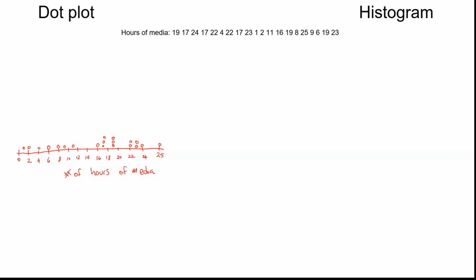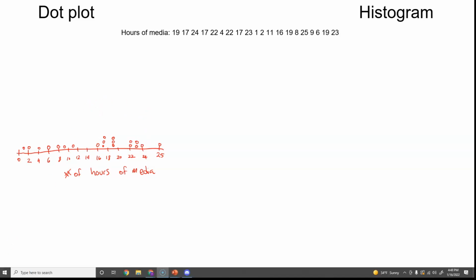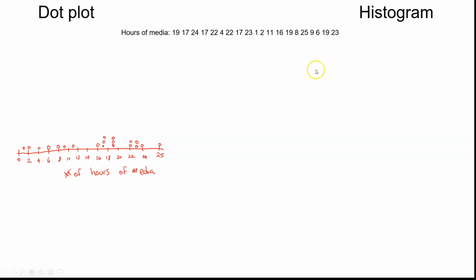Another way that we can do this, though, is with a histogram. And our histogram is going to look sort of like a quarter of our graph, right? We're going to have an x and a y-axis here, and my y-axis is going to represent frequency.